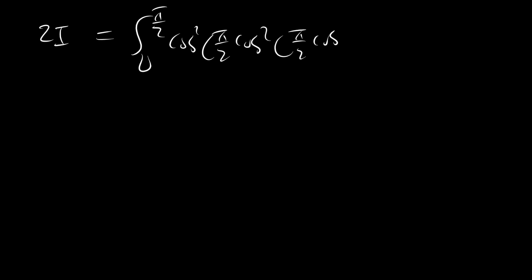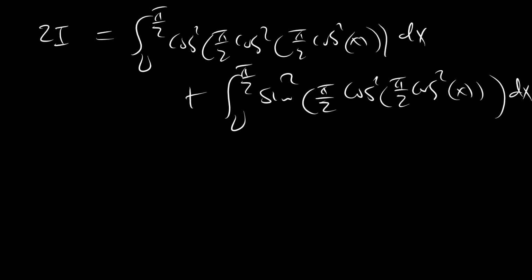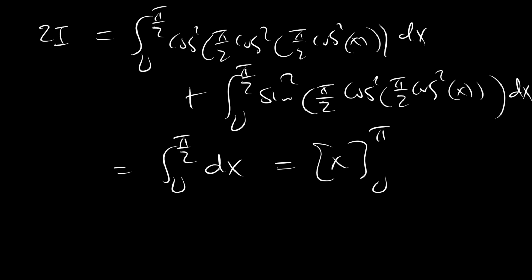And that means that our 2I is equal to the sum of the two, right, which using the identity of sine squared x plus cosine squared x equals 1, is the same as integrating 1, which is x from 0 to pi over 2.